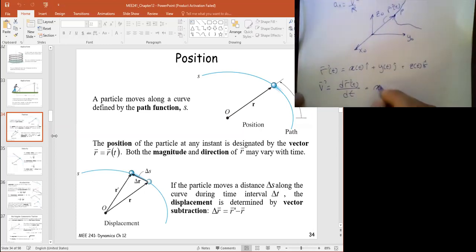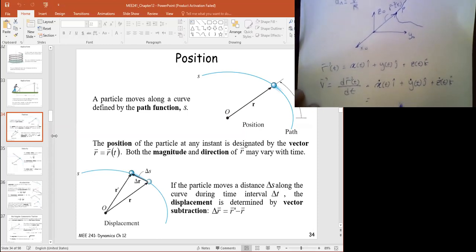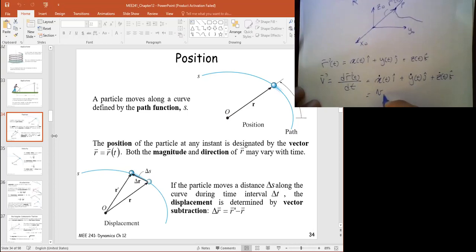In this case, it would be x'(t) i plus y'(t) j plus z'(t) k. Now what is x'(t)? x'(t) is nothing but your velocity in the x direction, plus y'(t) is your velocity in the y direction, and then the last one is vz as a function of time.